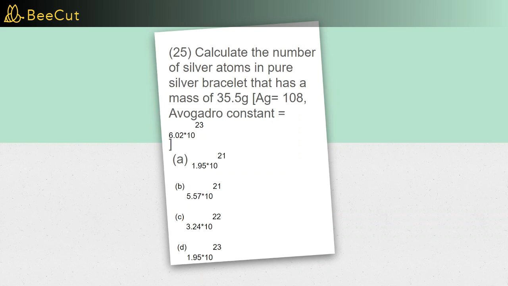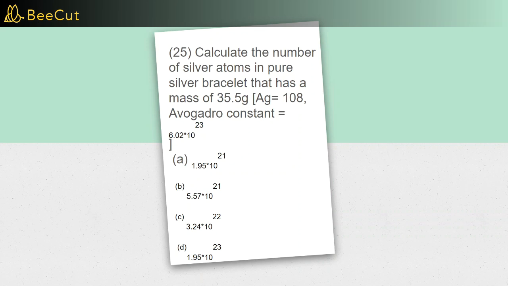How do we do this? I told you that 6.02 times 10 raised to power 23 is equivalent to the gram atomic mass of the silver atom. That shows 6.02 times 10 raised to power 23 is equivalent to 108 grams.